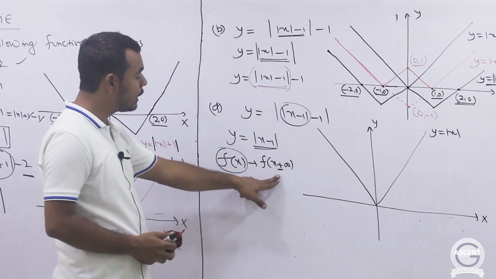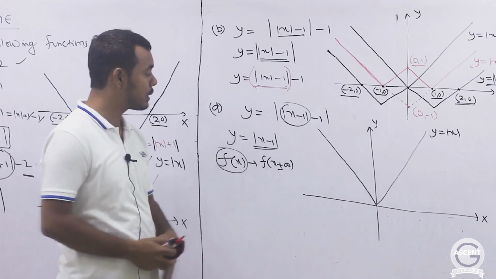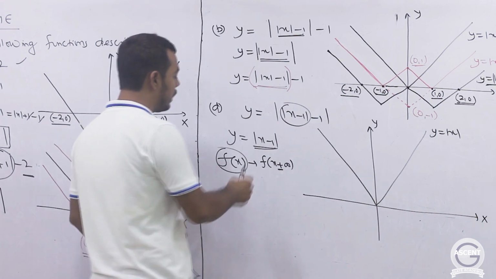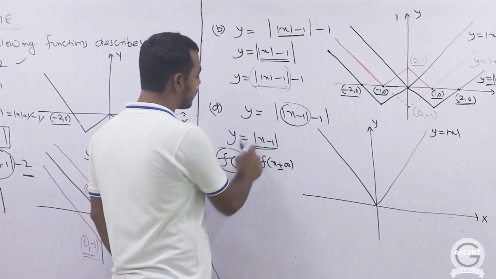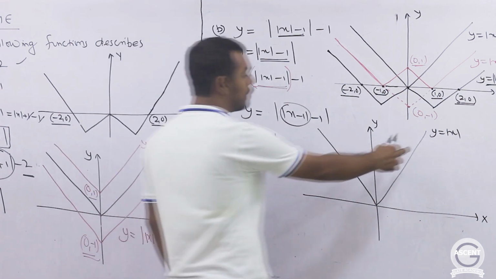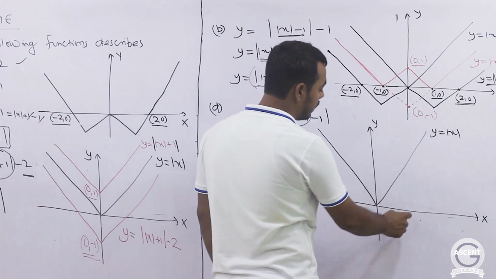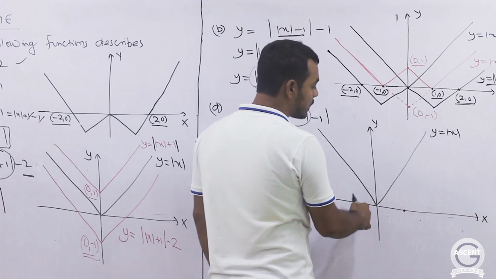And if you have minus sign, then you need to shift the graph towards right. So here also you need to do the same thing. Mod x minus 1 means you have to shift the graph of y equals to mod x by 1 unit towards the right side.